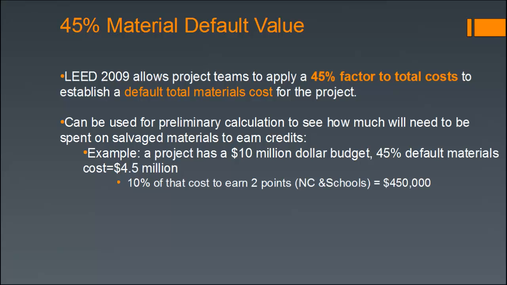It's important to understand that only the percentage of the material that is reused or recycled counts towards the total. So if you spend $10,000 on a material and only 10% of it is recycled content, let's say, then only $1,000 counts towards the total.